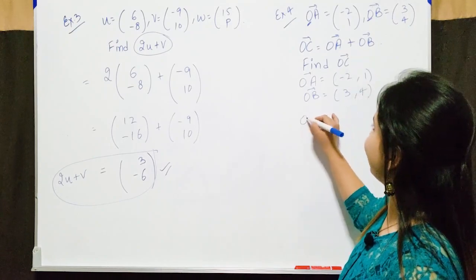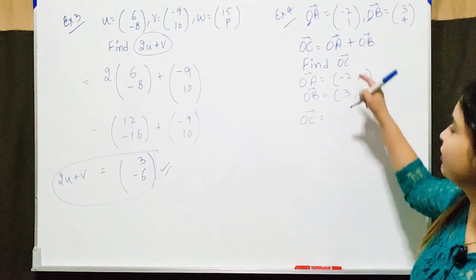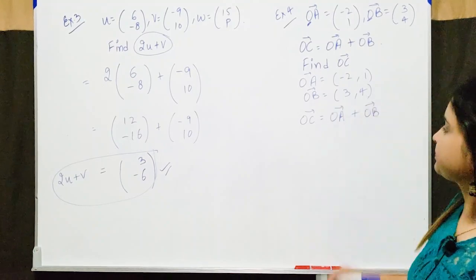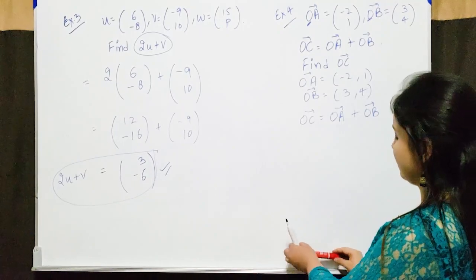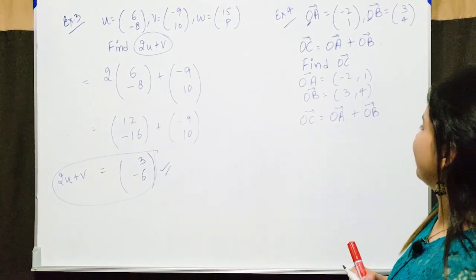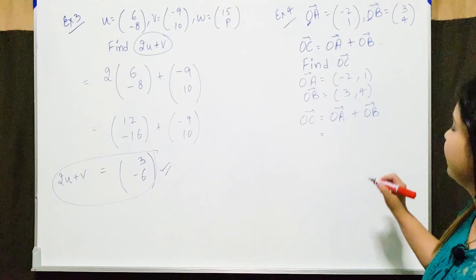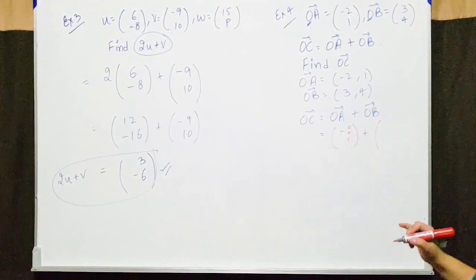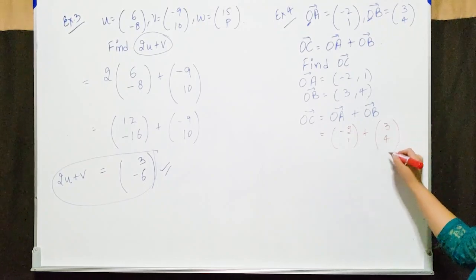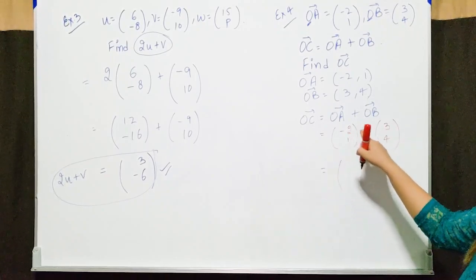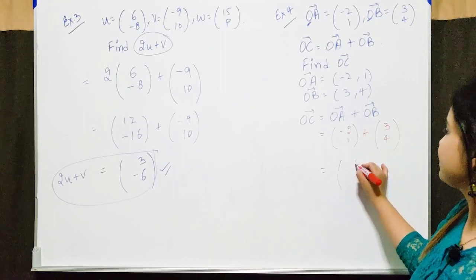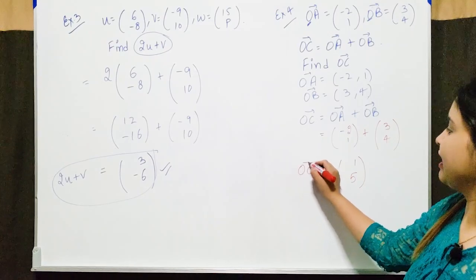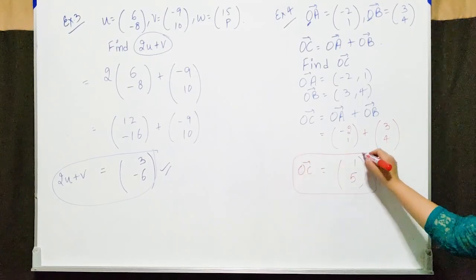But the question says OC is equal to OA plus OB. Write down the value of OA. OA is as given in the question and OB is this. Now OC will be minus 2 plus 3, which is 1. 1 plus 4 is 5. So this is the value of OC.